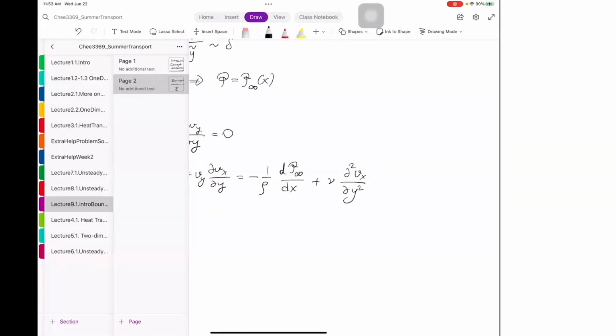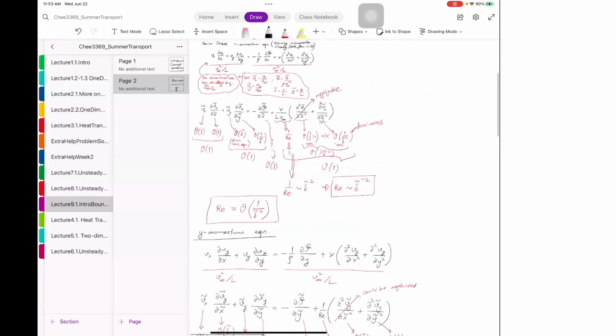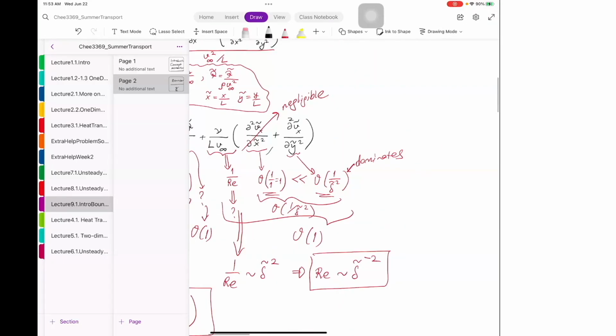And I neglected the del square Vx over del x squared term because it is negligible. I got rid of that, and I only used this one.